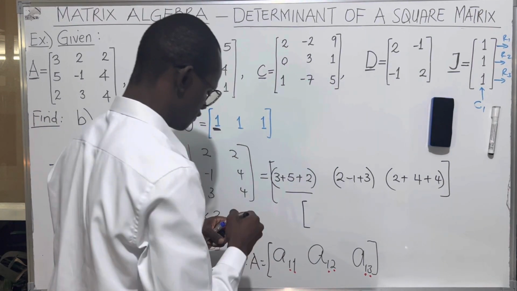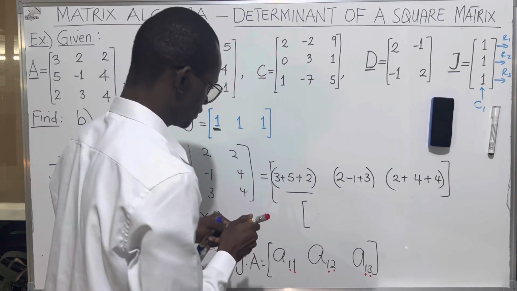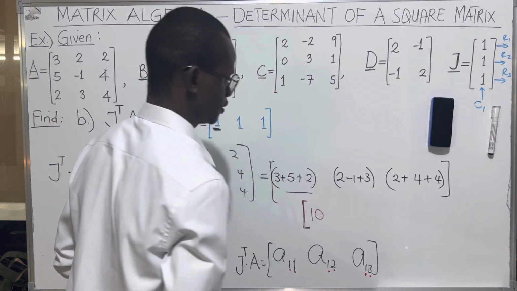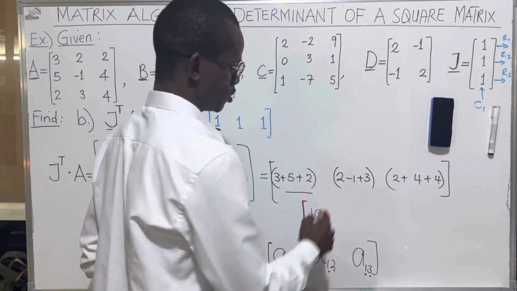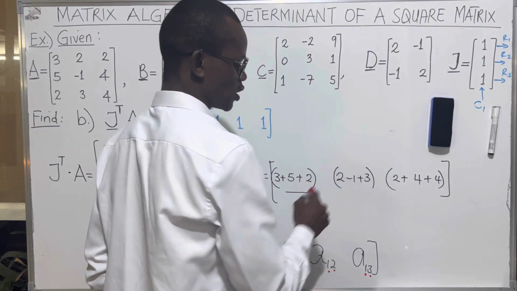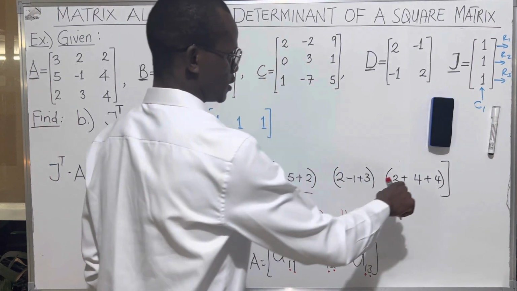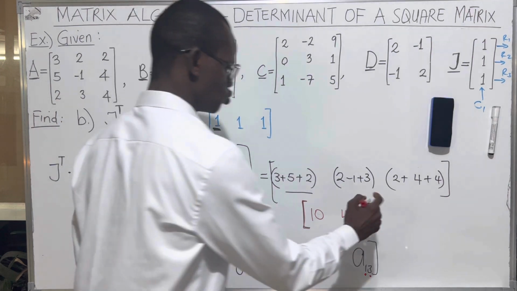We just have 3 plus 5 plus 2 is 10. So this is 10. Please don't put a comma. Just leave space. 2 minus 1 is 1, plus 3 is 4. And then 4 plus 4 is 8, plus 2 is 10.